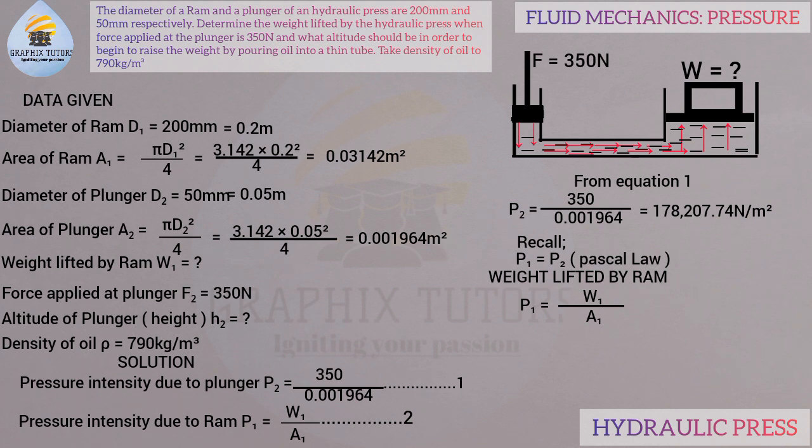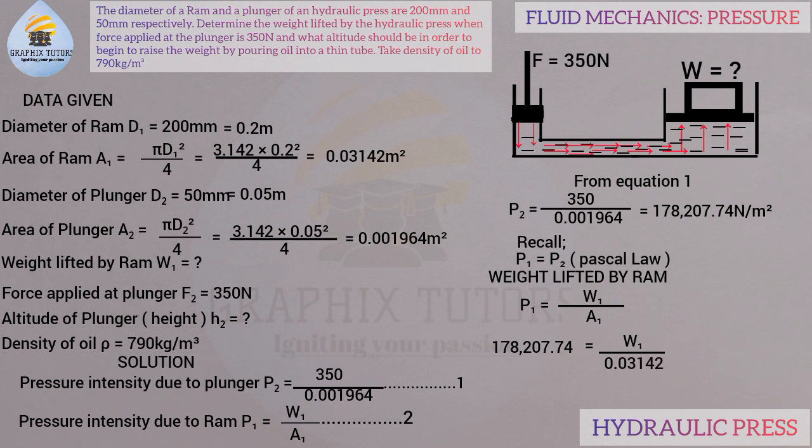So now we know that our P1 is equals to P2, and that is 178,207.74 equals to what? The weight all over the area, which is given as 0.03142.